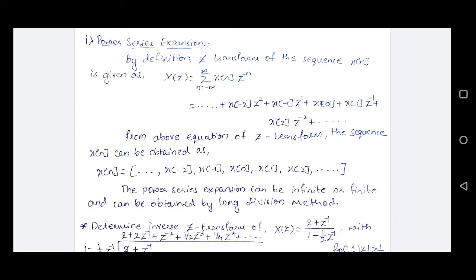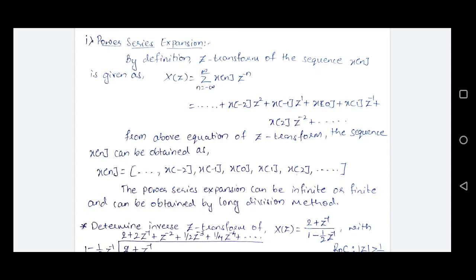If we have a Z transform for any discrete time sequence, and if we are able to successfully express that Z transform in the following nature, then by just looking at the constant associated with the Z variable, we can write the discrete time sequence. So we'll be obtaining time domain sequence from the frequency domain signal x of z.